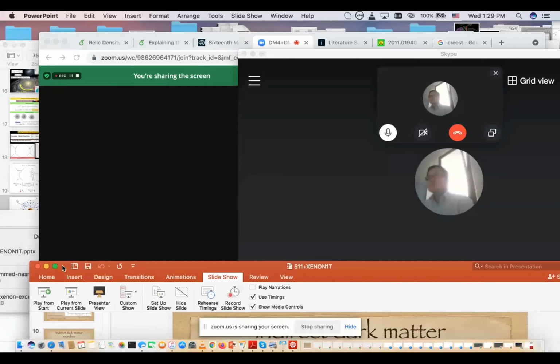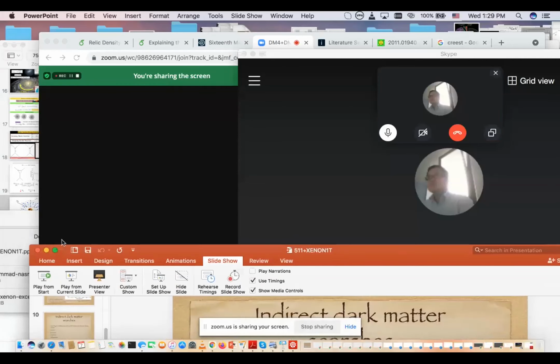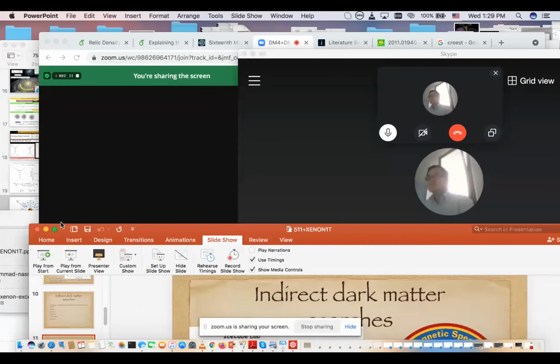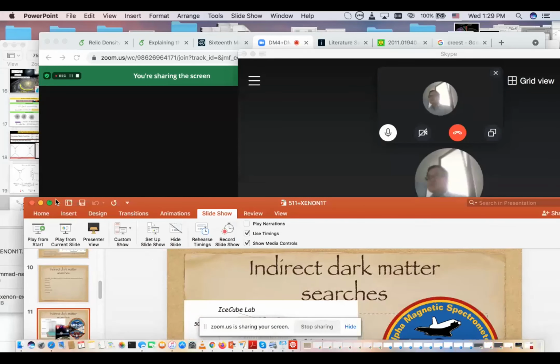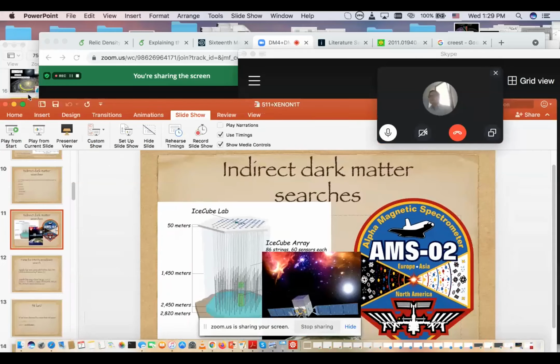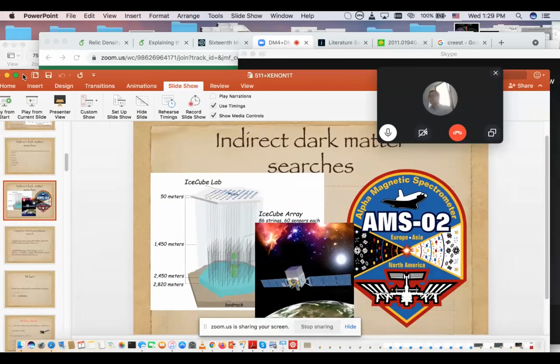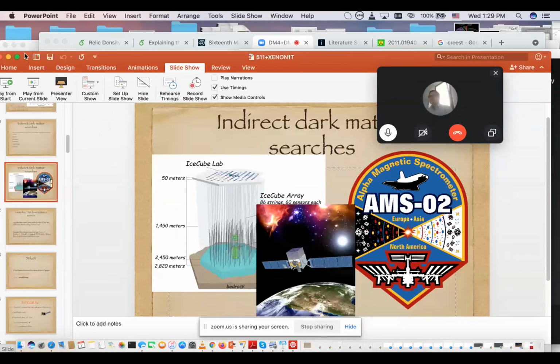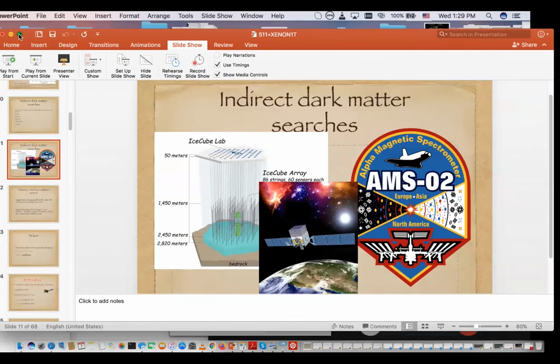Some of them, after a while, turn out to be just technical or experimental errors, but some of them pass the test of time, and many papers are written on them, explaining them as a hint for dark matter, but after a while they go out of fashion.